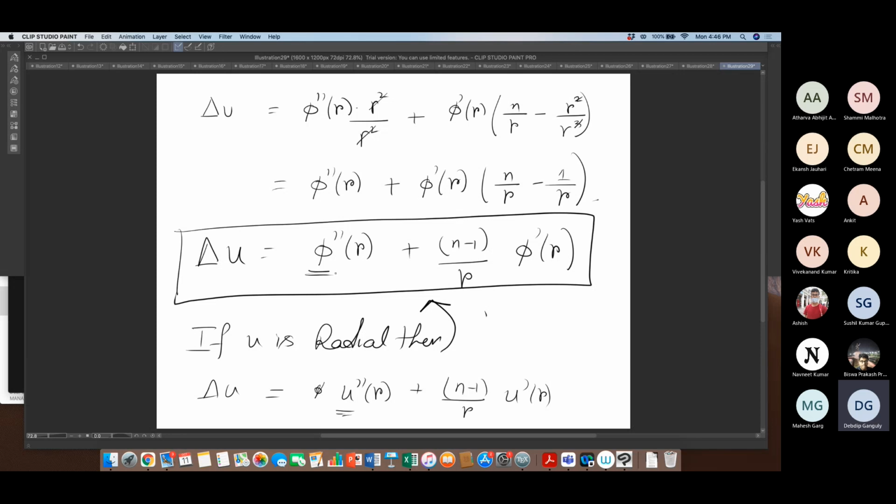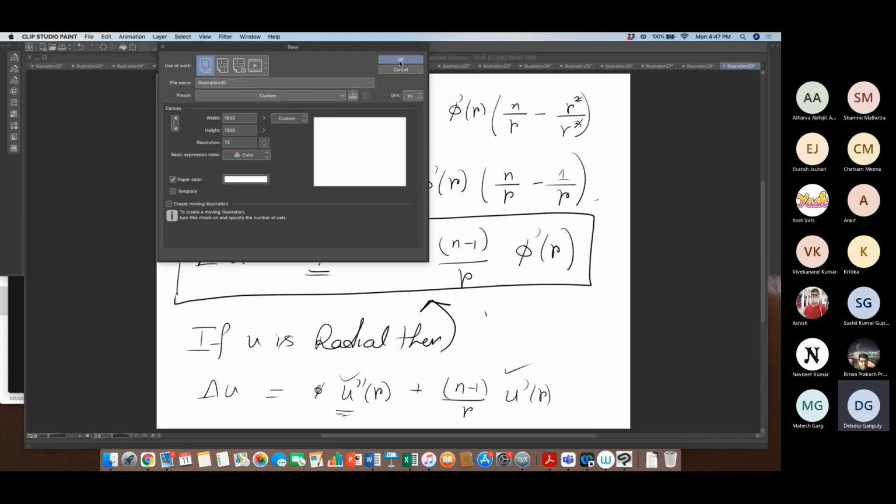You can write phi prime of some function, or you can write u also. So the Laplacian of u in radial coordinates, if u is a radial function, is phi double prime r plus (n minus 1) by r into phi prime of r. Is that clear, all of you? Yes, sir. Okay.